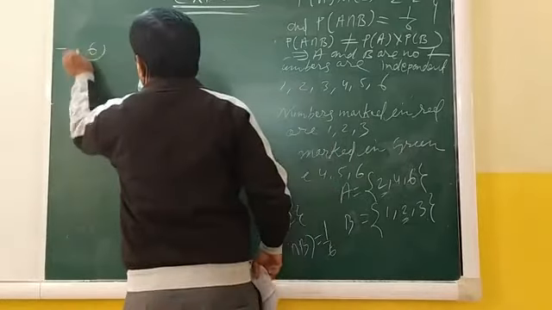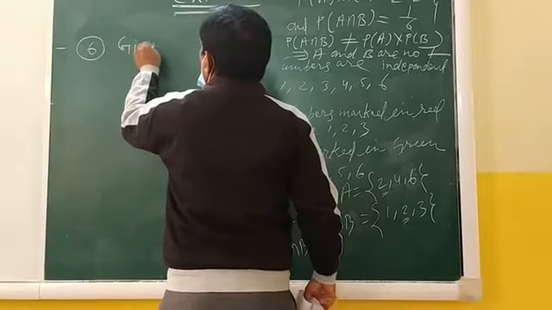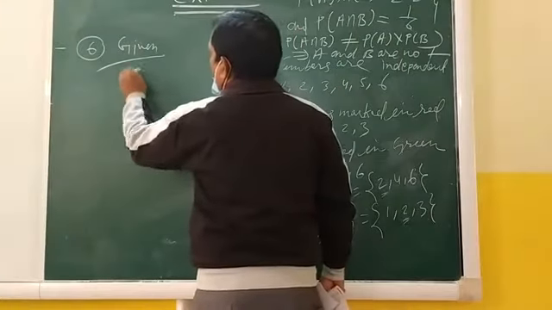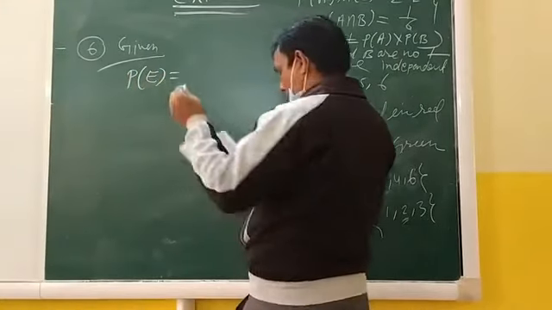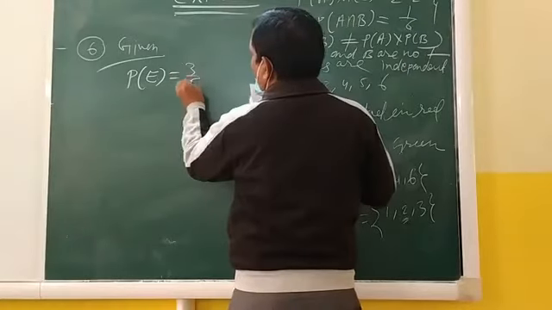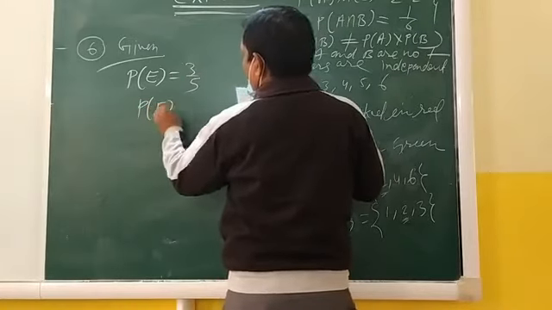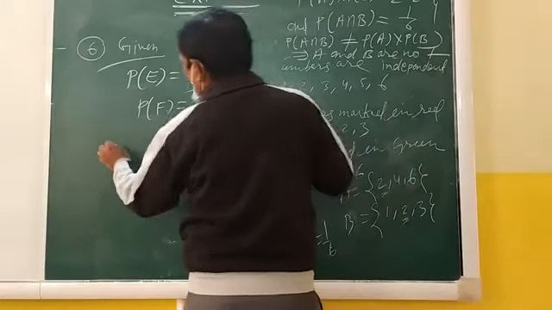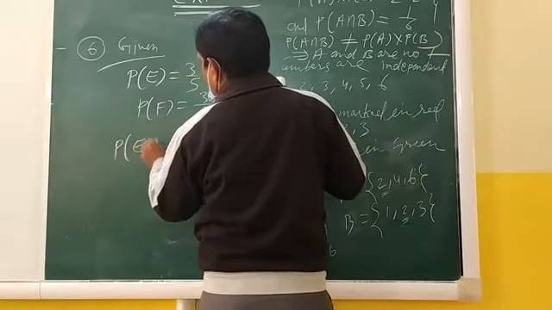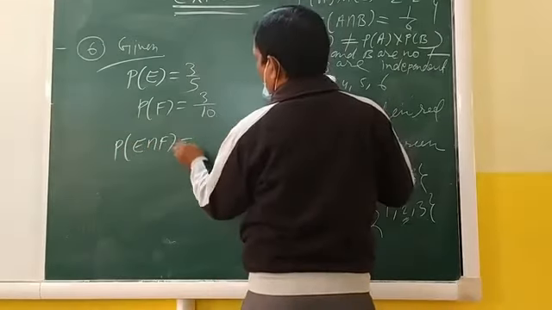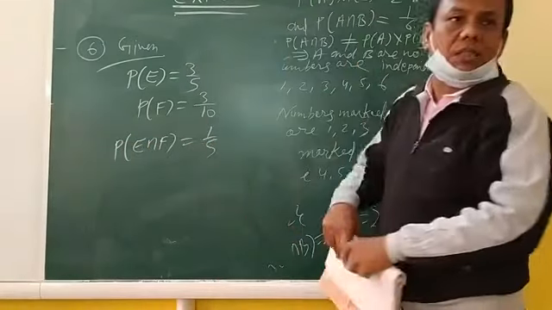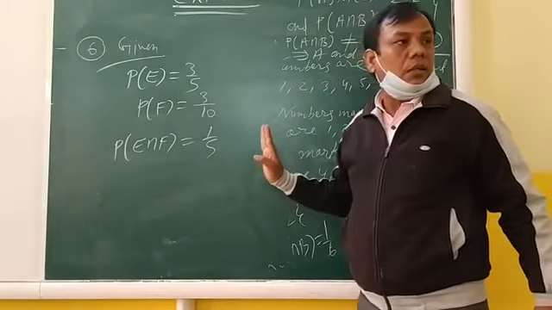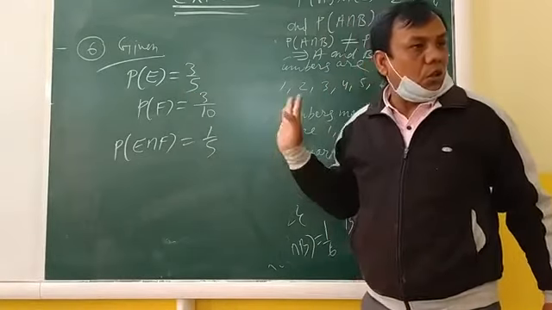Question number 6. What is given? P(E) equal to 3 by 5, P(F) equal to 3 by 10, and P(E intersection F) equal to 1 by 5. You can very easily see 3 3s are 9, 5 3s are 15, and it is 1 by 5. Both are not equal.